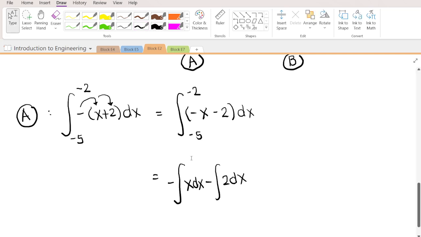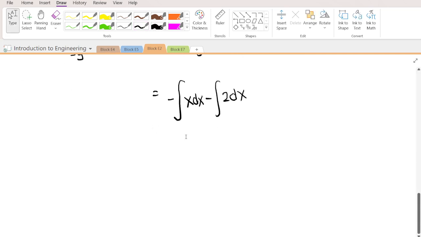Okay. So you can just not write the upper and lower limits for the meantime for you to have an easy way of integrating it without the hassle of rewriting a lot of upper and lower limits. And then after that, you apply the power rule. So you have negative x squared over 2. So at this point, I will now be doing the fast hand version of the power rule.